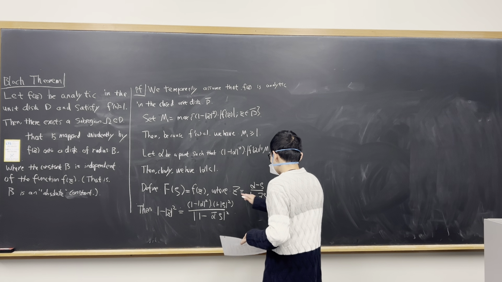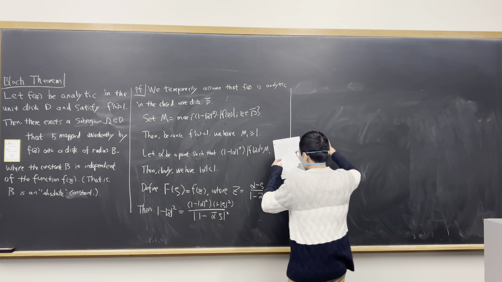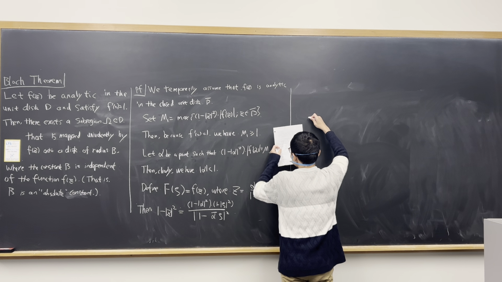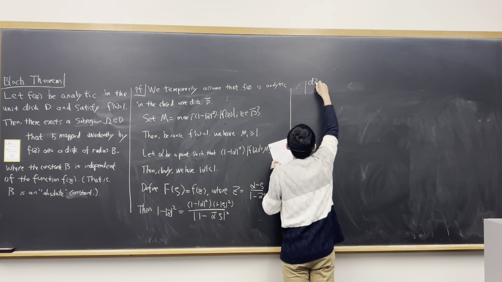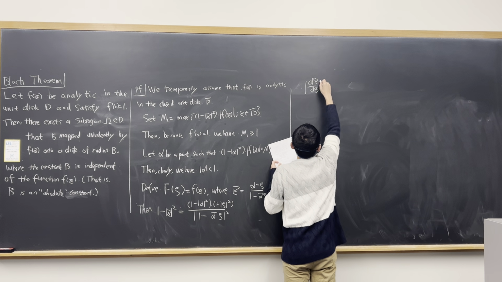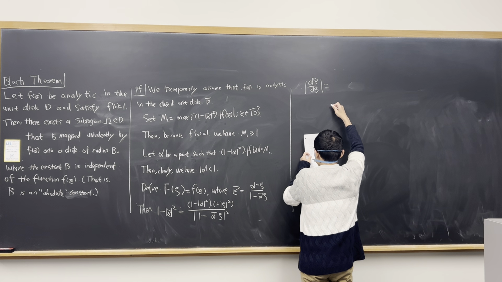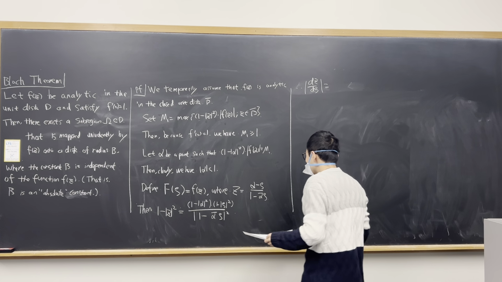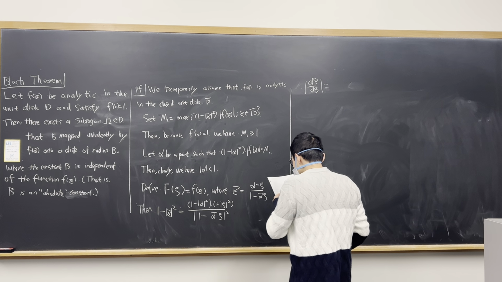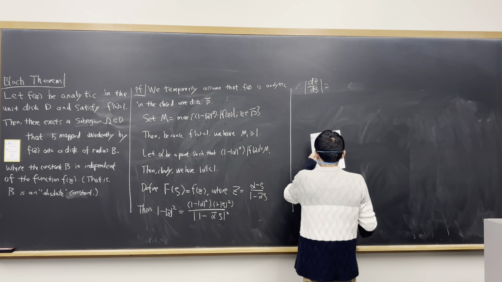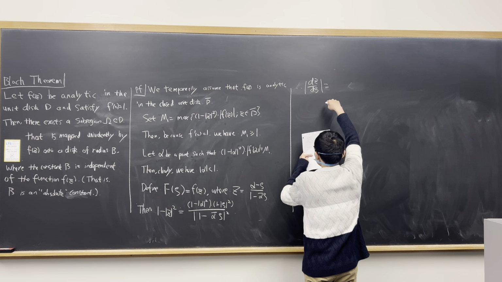Now, remember that this z can be viewed as a function of zeta, so now we compute the derivative. Therefore dz over d zeta is, we apply the quotient rule here, and then we add the modulus.